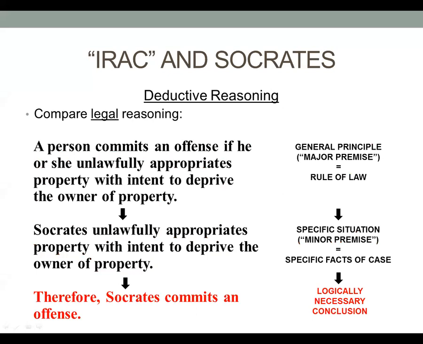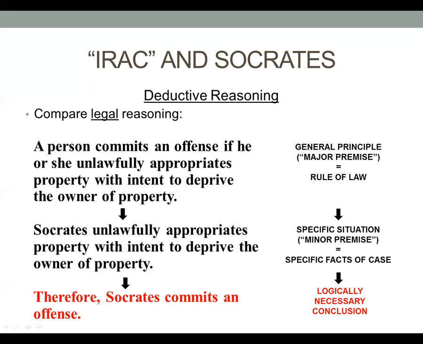So if it's true that under the law, a person commits an offense if he or she unlawfully appropriates property with intent to deprive the owner of property, and if it's true that Socrates unlawfully appropriates property with intent to deprive the owner of property, then it is a necessarily logically valid conclusion that Socrates commits an offense, and is necessarily true.